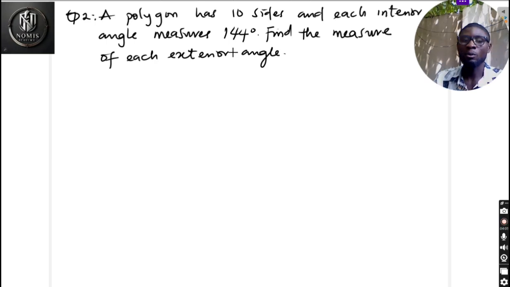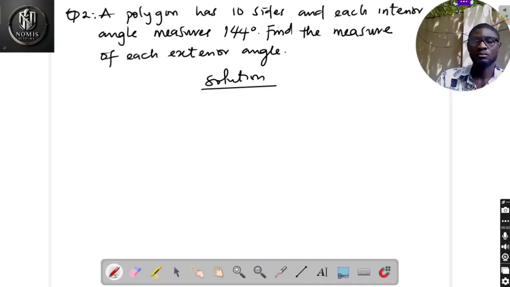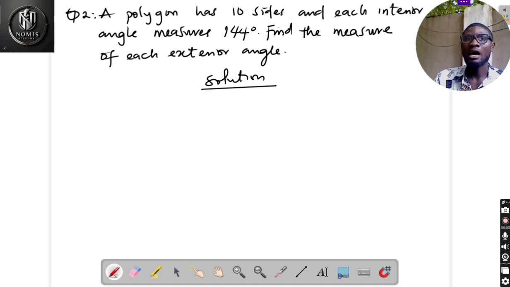So a polygon has 10 sides and each interior angle measures 144 degrees. Find the measure of each exterior angle. From the previous video, you recall that exterior angle and interior angle are supplementary, meaning that they add up together to become 180 degrees.